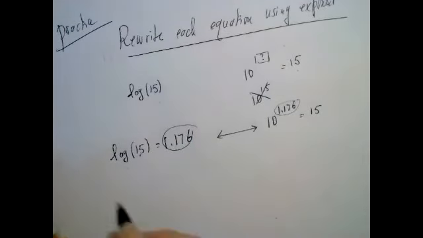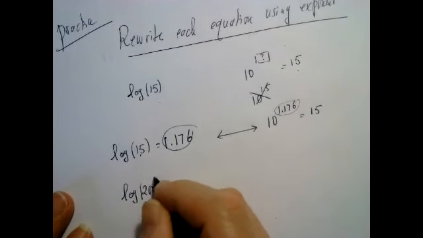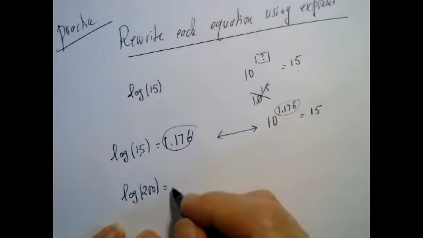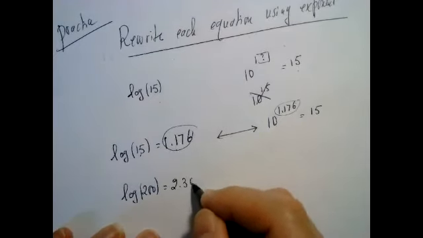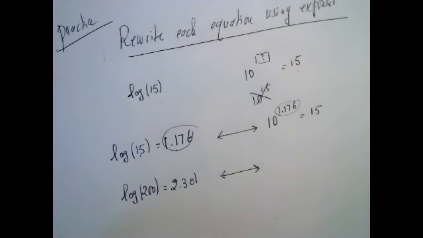So let me take another example. Suppose I take my calculator and I plug in the log of 200. My calculator will give me 2.301. And the question is to write this using exponent. What does this mean? The goal is to help us understand the meaning.